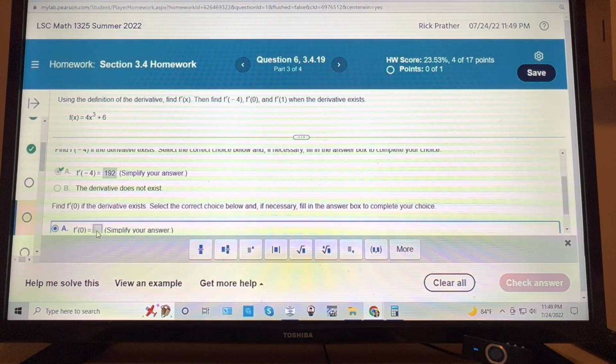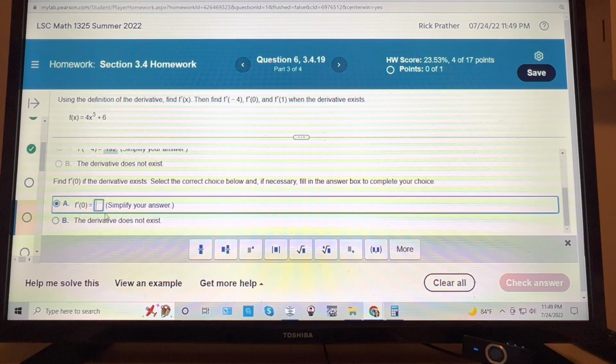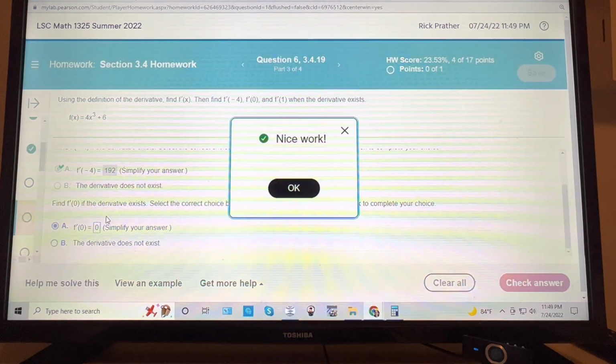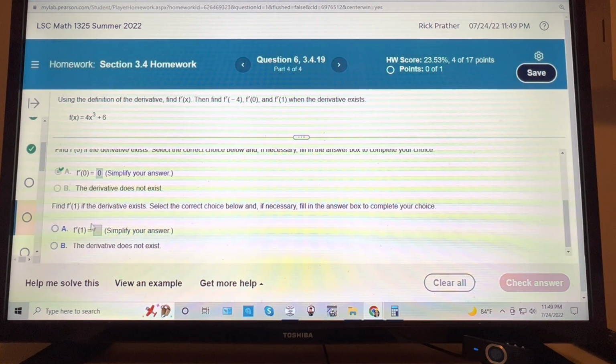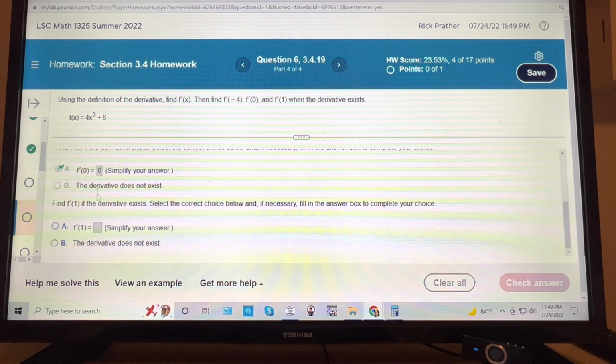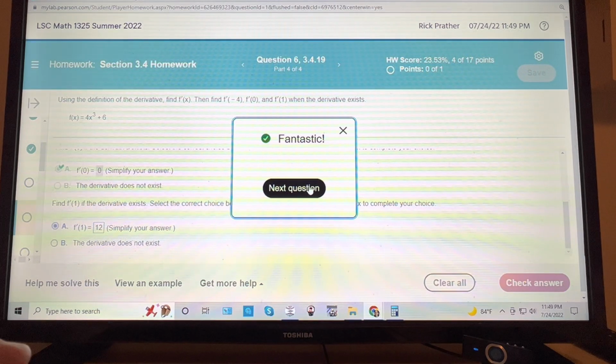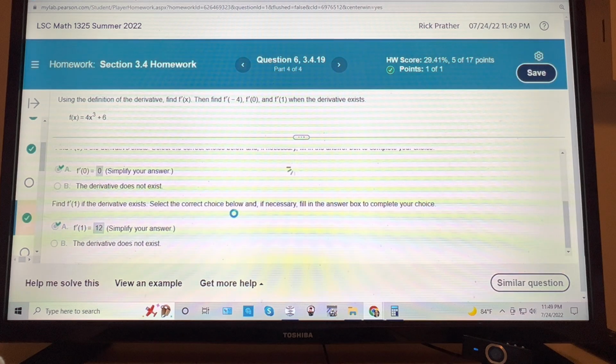And then f prime of 0 would be 0 squared is 0, times 12 is 0. The slope of the tangent line would be horizontal at that spot. And then f prime of 1, put a 1 right here. 1 squared is 1, times 12 is 12. So doing multiple slopes of tangent lines becomes really easy instead of really long and messy.